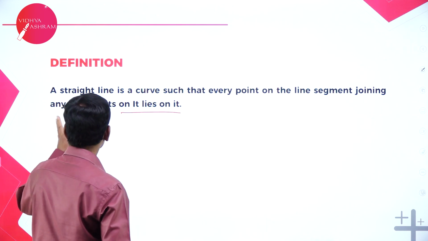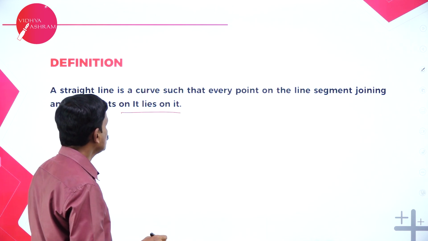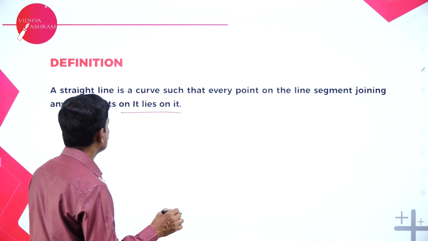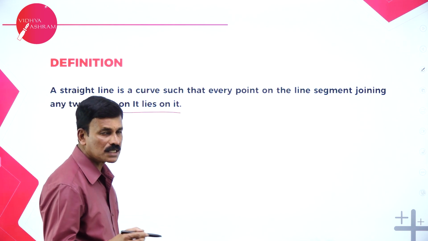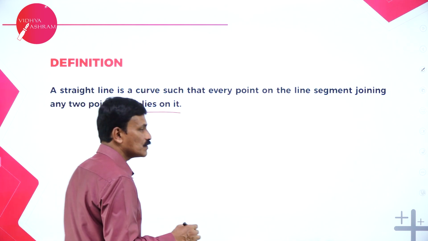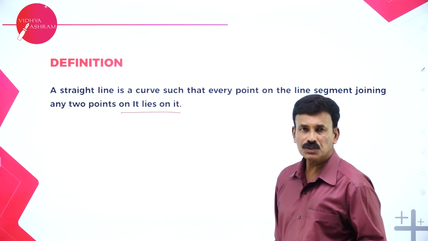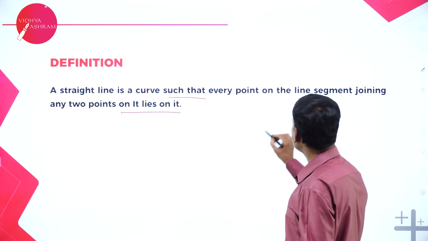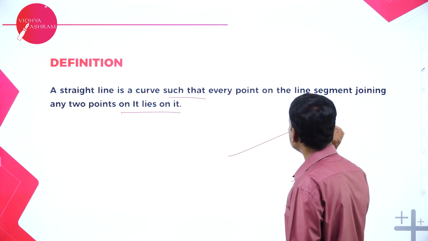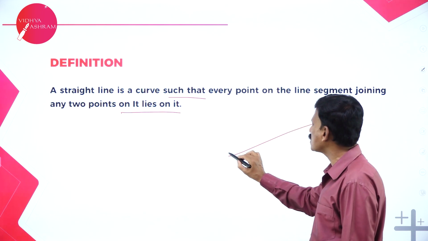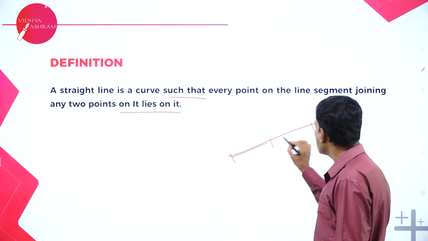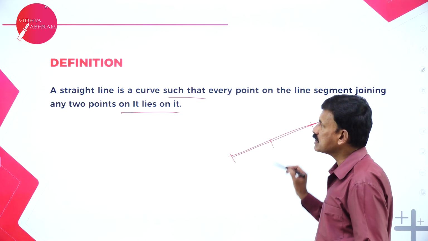That is the definition of a straight line, right? If it joins any two points on it, the segment lies on the line itself. That is called a straight line.